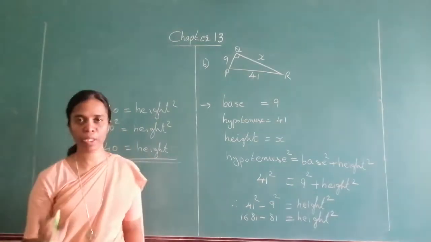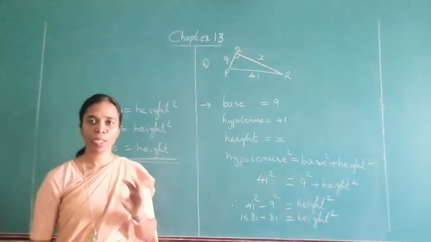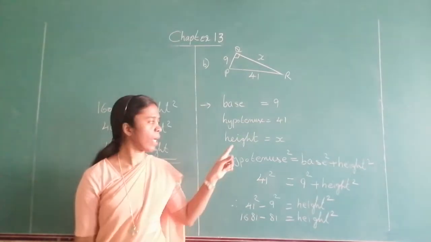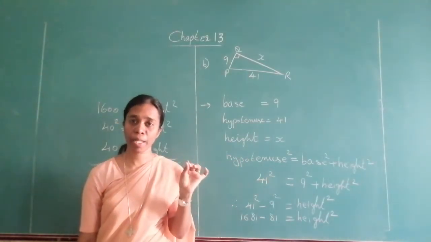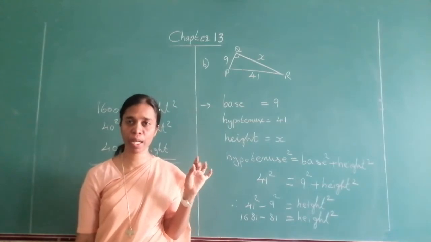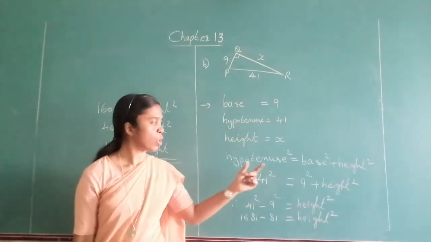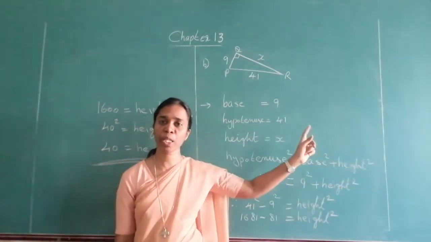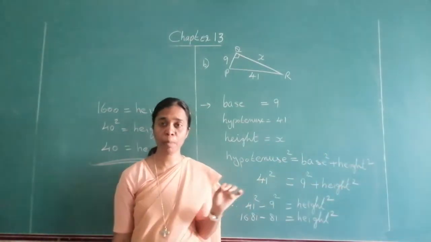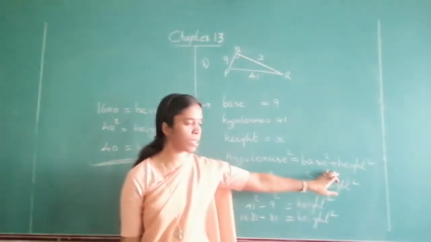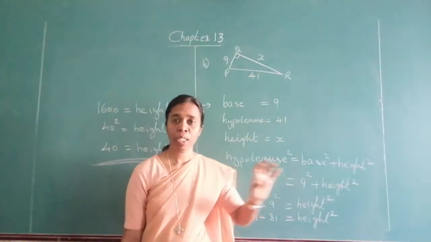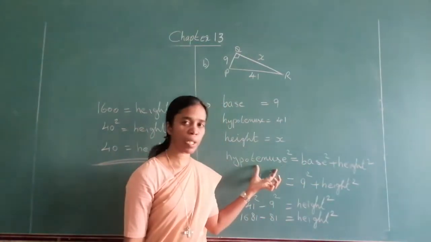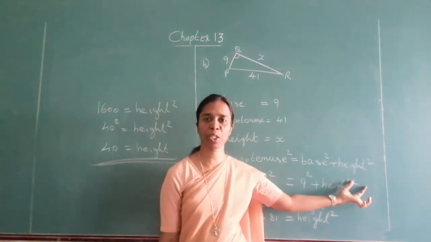Now please remember this. We know that in a right angled triangle, hypotenuse is the highest or the longest. So hypotenuse square is equal to the sum of the squares of the other two. Sum of the squares, sum, that is plus. Now, suppose you want to find base. Then from hypotenuse square, you minus height square.